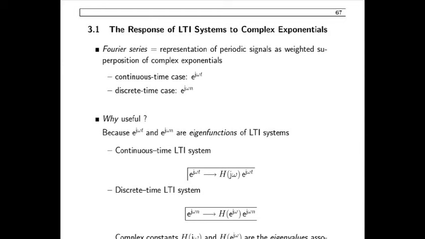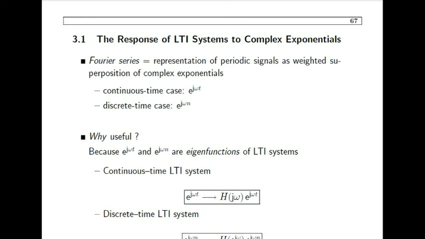In the convolution sum and convolution integral also we did something like that. But Fourier series is a representation of periodic signals as a weighted sum of complex exponentials. In the case of continuous time, the complex exponential will be e to the power j omega t, and in the case of discrete time it will be e to the power j omega n.